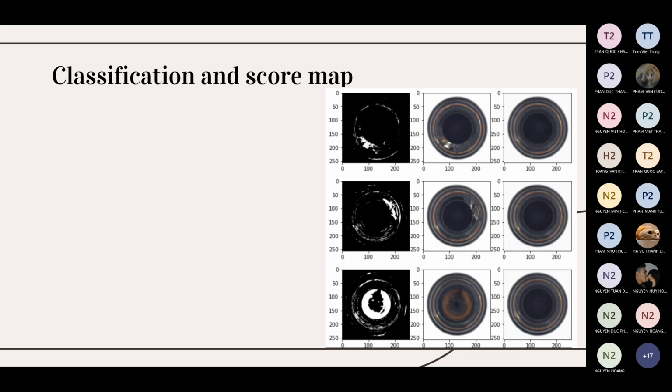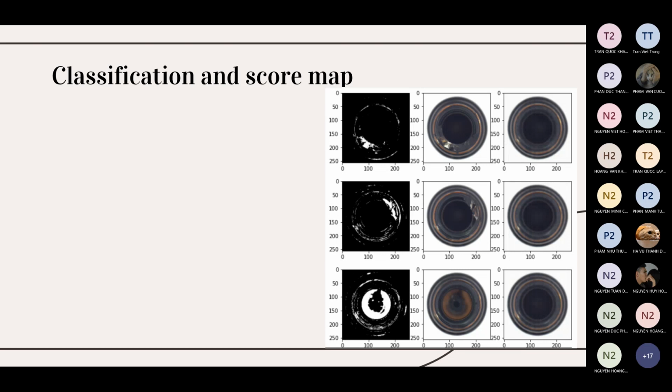So we use the reconstructed image, compare it with the original image to classify whether the original image is faulty or not, and to generate a score map of the faulty pixels. And the accuracy of this system varies between the datasets.